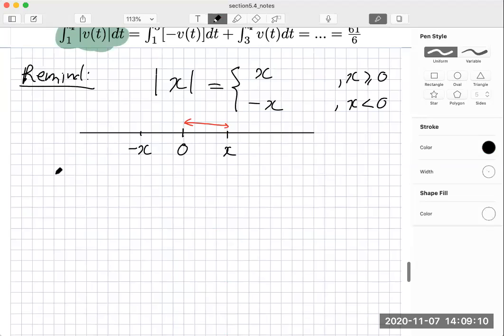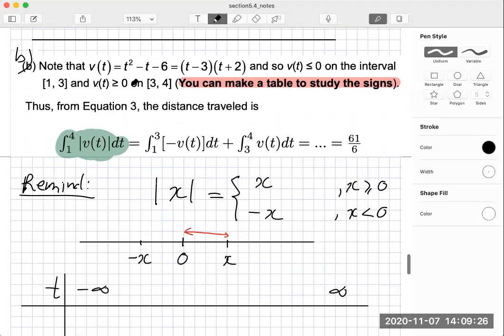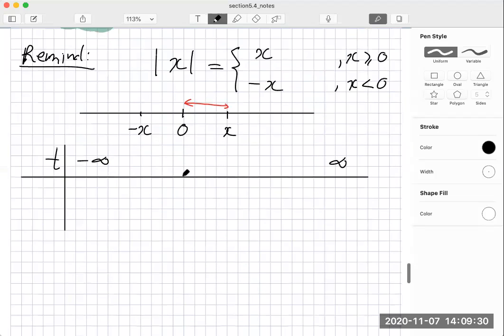Let us make a table of t in general. T should not be 0, but let us continue doing it in the general case. And we need to care about the interval of 1 to 4, okay? 1 to 4 is here.